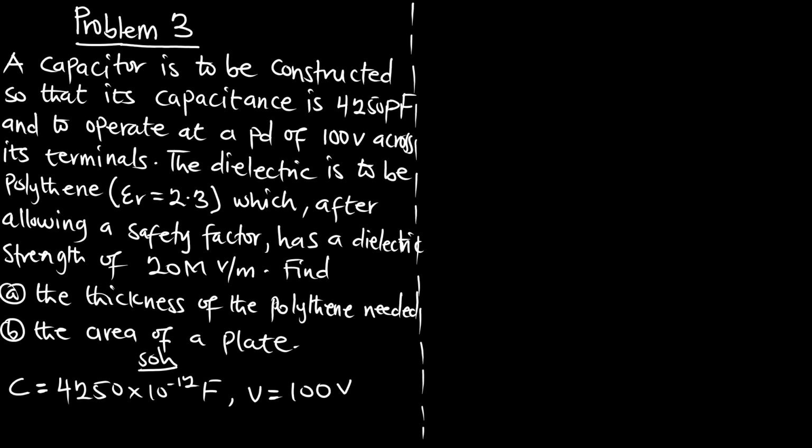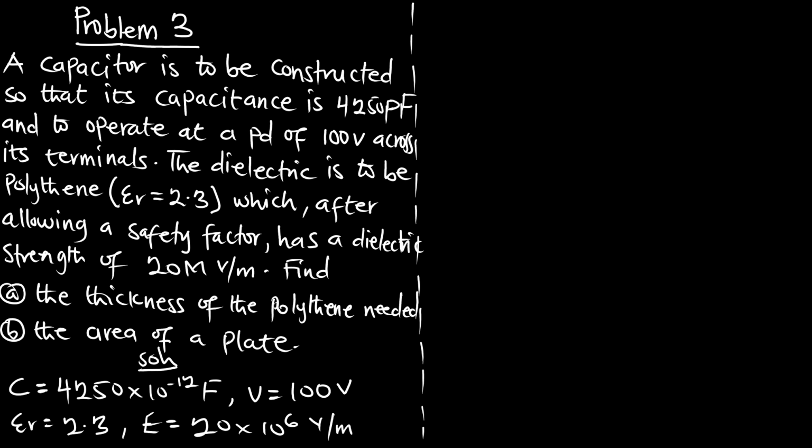We also have the relative permittivity of the polyethylene as ER, which is 2.3. Now, from the question, we also have dielectric strength or dielectric intensity, which is our E. From the previous episodes, 20 mega, mega is 10 to the power positive 6 volts per meter.